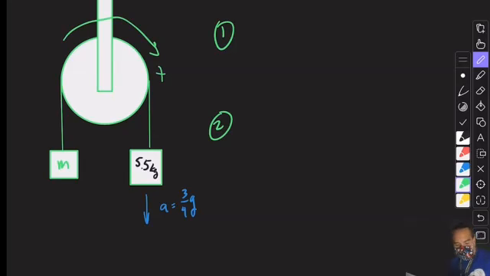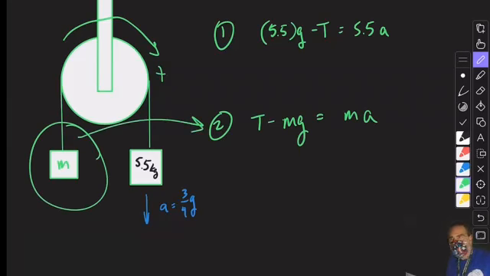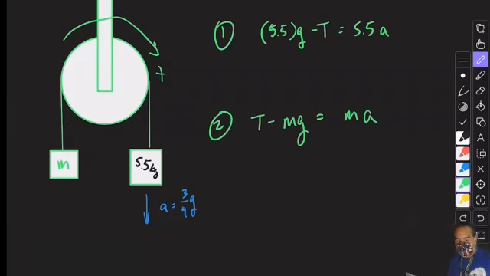All right. So I'll have 5.5 times g minus tension equals 5.5 times a. Net force equals ma. Questions? T minus unknown weight equals ma. So this is this box right there. Okay, so I've put them all together.